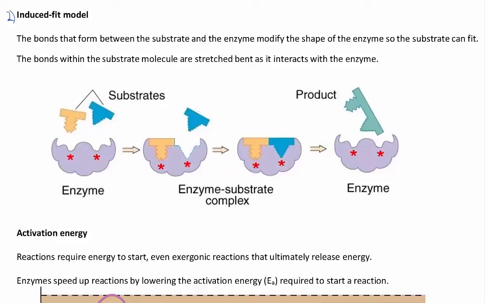So you can see, represented by this image here, that the active site is not going to fit the substrates perfectly. So as the substrates come into contact with the active site, they physically change the shape of the enzyme in order to fit before products are created.